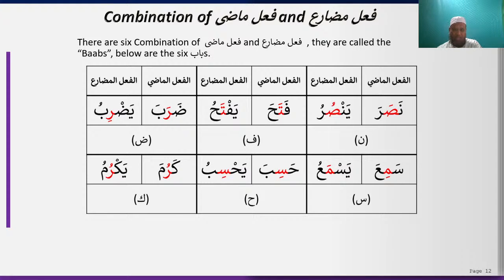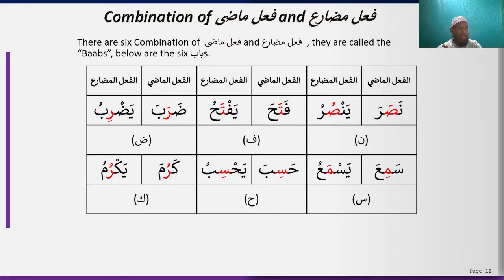Akala. What he ate. Just put the fa'il straight away. Does it make sense? Is it a good question? Correct question? Yes. So this is fa'il al-muta'addi.